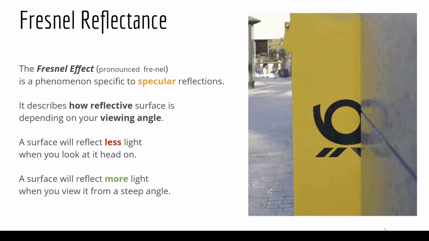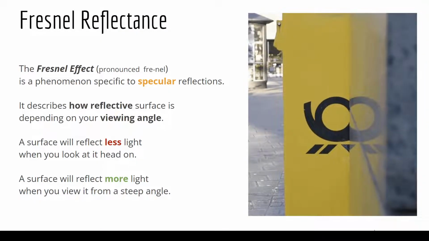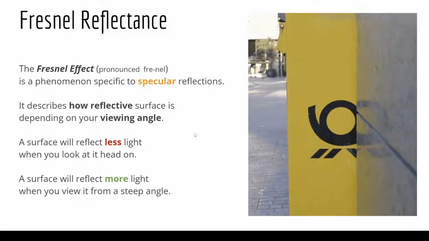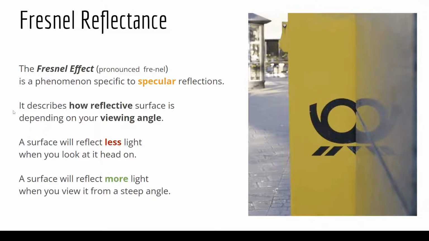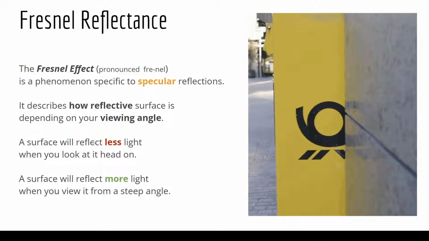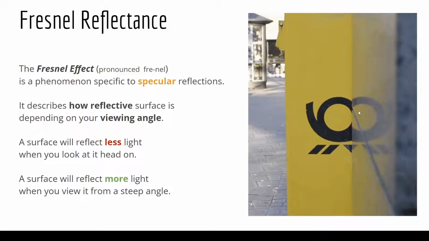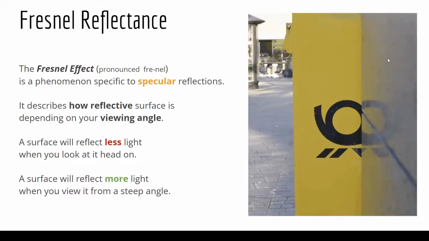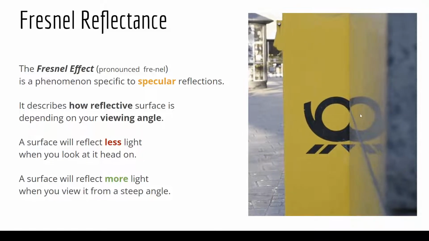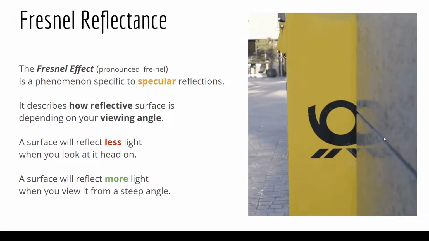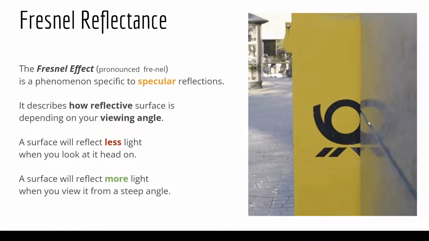Another concept that we need to understand regarding specular reflections is Fresnel reflectance, or the Fresnel effect. So this is a phenomenon specific to specular reflections where, depending on the angle that we're viewing a surface, it's actually changing how much light is reflected off. So you'll see on this example on the right, looking at this wall, the closer we get to being flush or level with this surface, the more light is actually bouncing off, right?